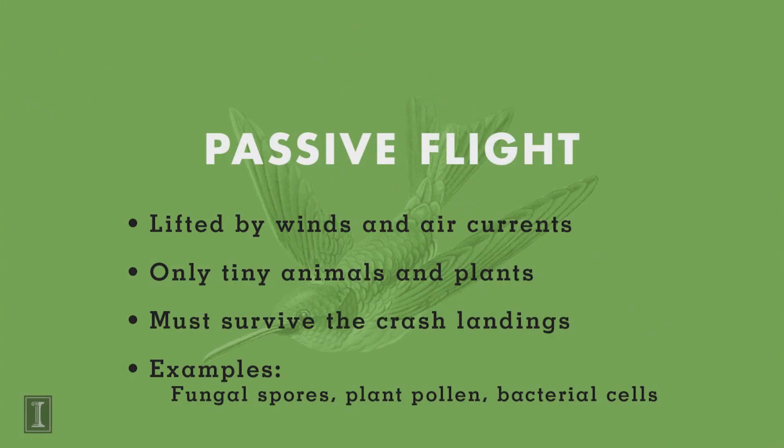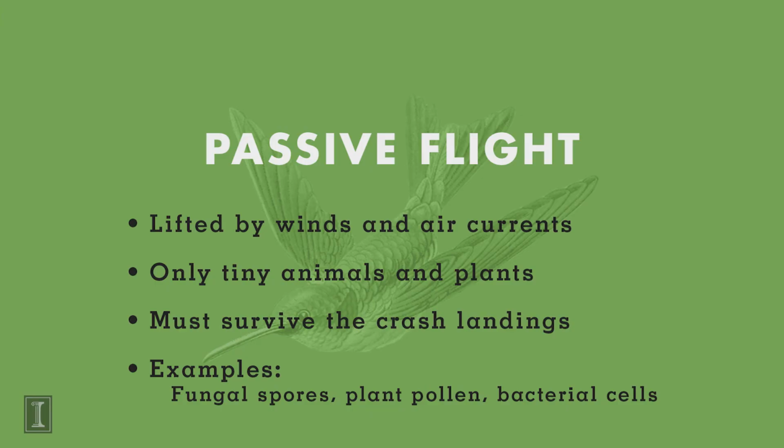So one of the things we want to start off with is, what are the approaches to being airborne? One of the approaches is passive flight. Passive flight means that you're a relatively small organism. When you're small, the relative thickness, or relative viscosity, of the fluid medium you're in, be it water or air, is thicker the smaller you are.